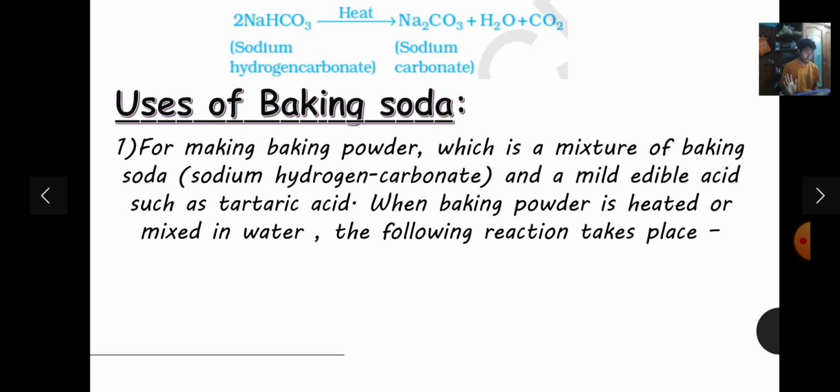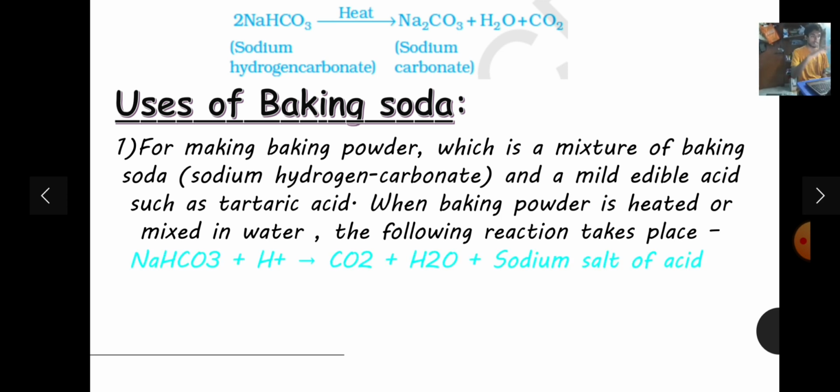So when baking powder is heated or mixed in water, the following reaction takes place. As we just now saw, sodium hydrogen carbonate reacts with heat to give us water and carbon dioxide with sodium carbonate. Here we are reacting it with the acid as well.